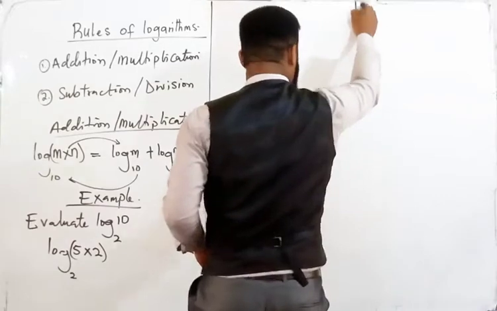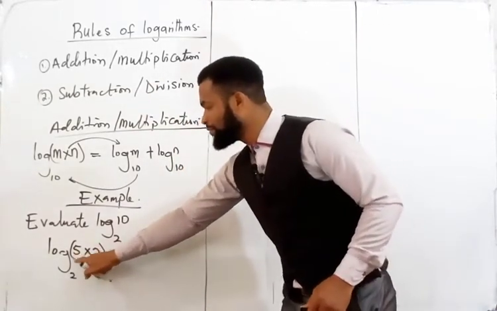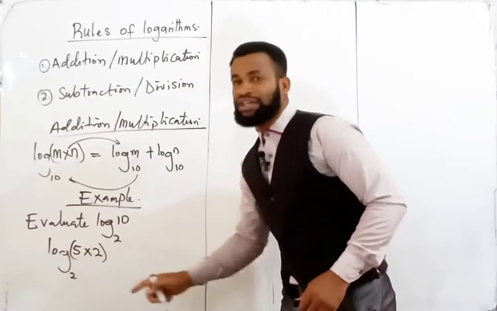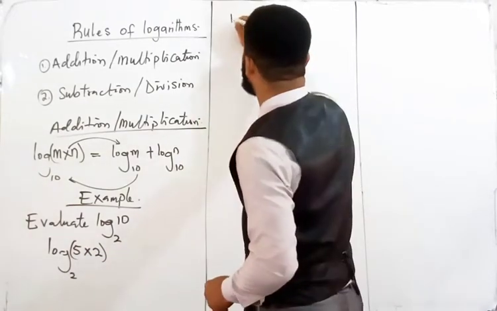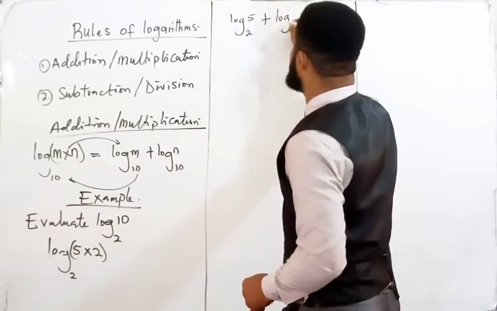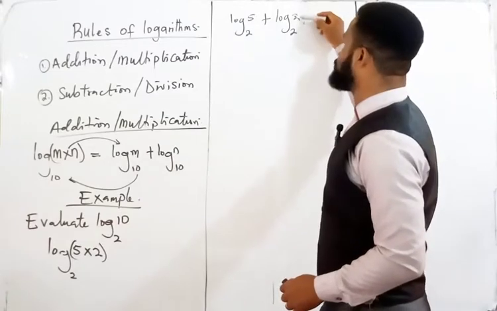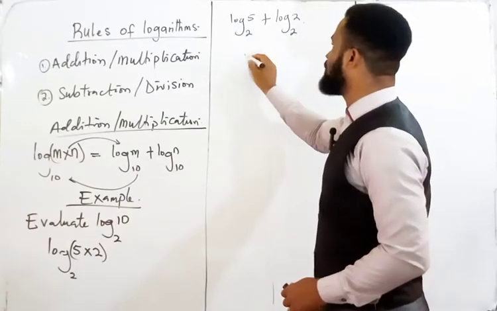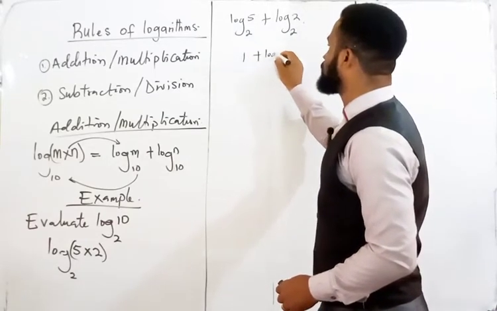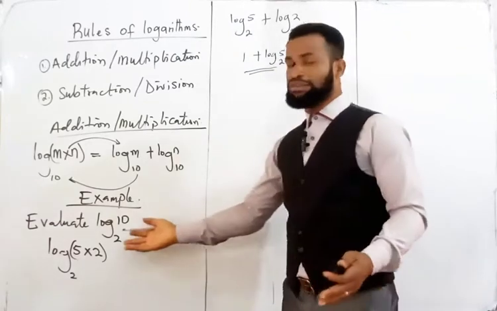Remember, because they have the same base and they are multiplying each other, this is going to be the same thing as log 5 base 2 plus log 2 base 2. And remember, log to its same base is 1. Therefore, we have 1 plus log 5 base 2. That is the answer. That is to evaluate.